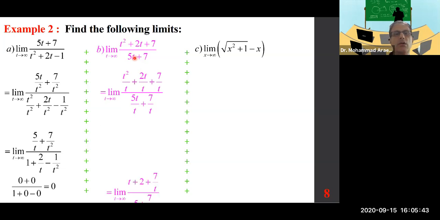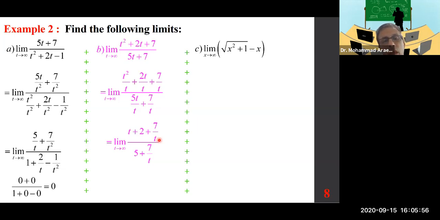And again, you can go from here, class, to here. I'm assuming everybody can do that easily. So with that being the case, what happens? Everything that has a denominator t goes to 0, so you end up with t plus 2, 0. Now t goes to infinity, so on and so forth. So we write it as infinity plus 2 plus 0 over 5 plus 0.